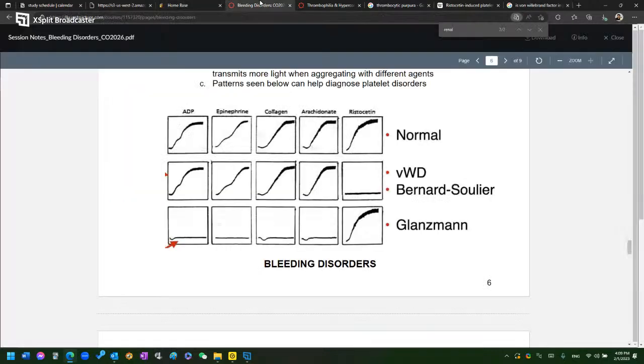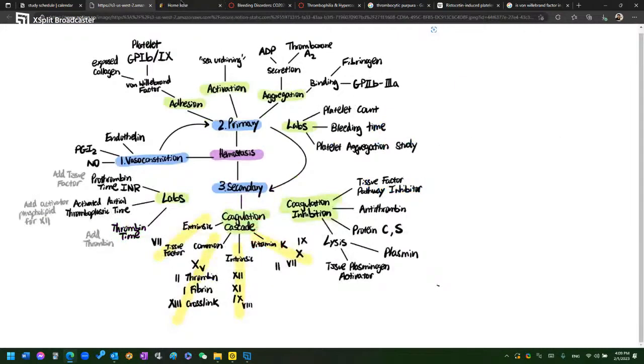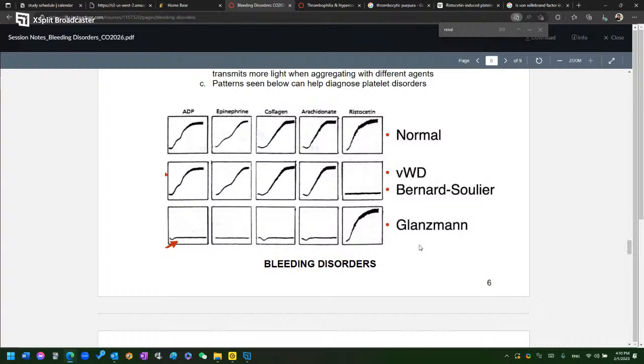But why do we see this result in Glanzmann thrombasthenia? That's the question. Glanzmann is when your platelets are unable to bind to each other. What I'm taking from all of this is that all of these other curves are involved in aggregation and not in adhesion. Right.